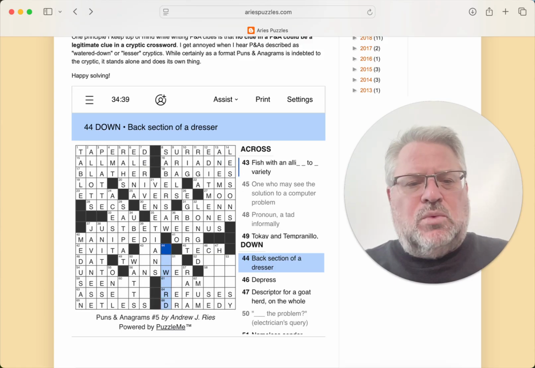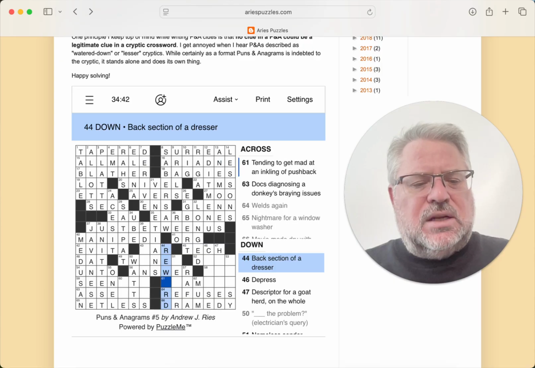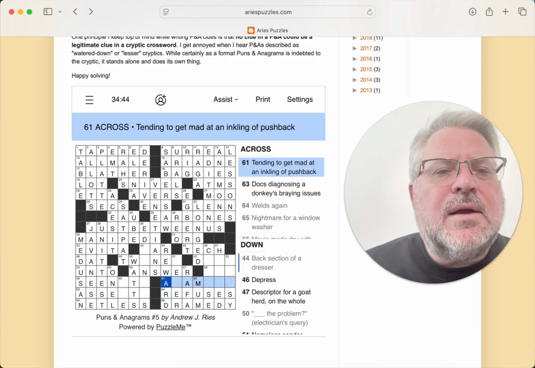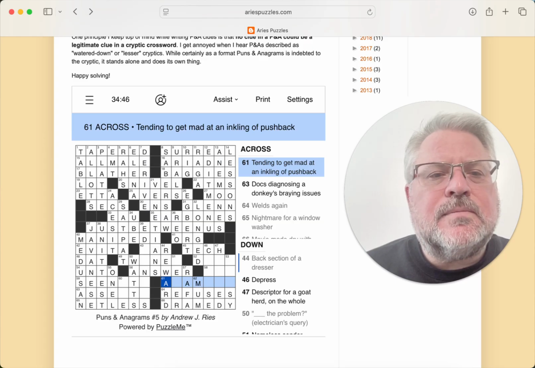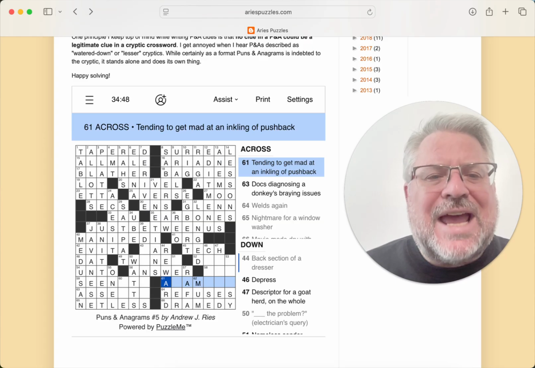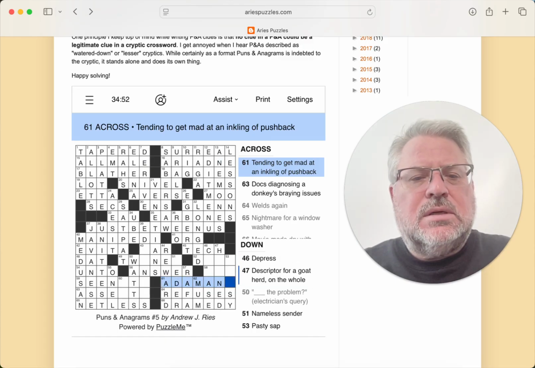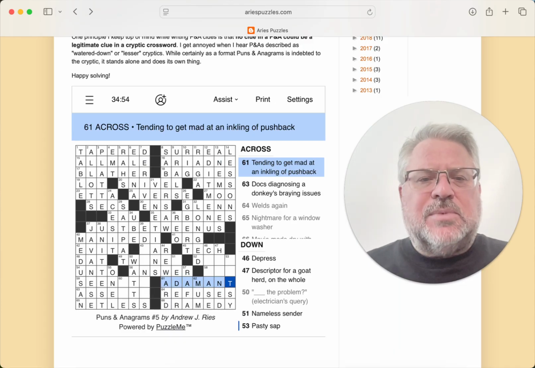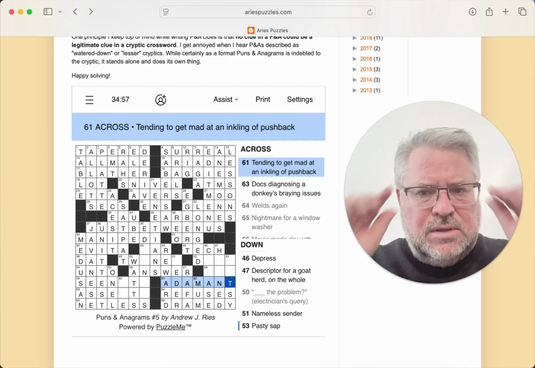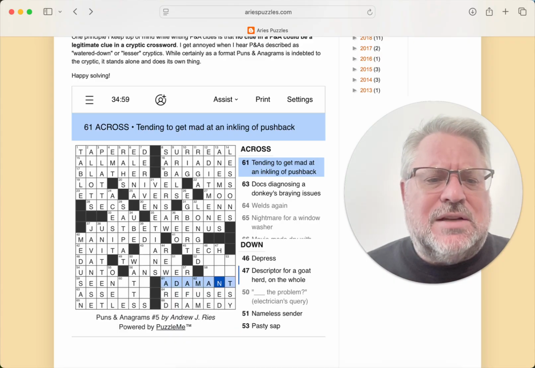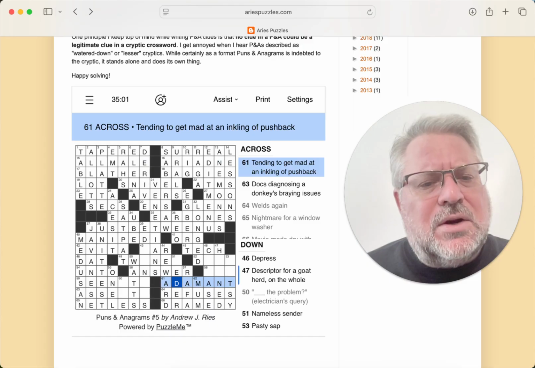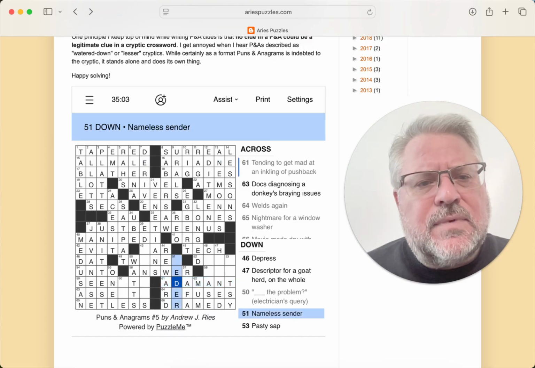We back it, we spell it backwards, and we get reward. Tending to get mad at an inkling is adamant. And if you are adamant about something, if somebody pushes back, you would remain adamant. You would be unconvinced by their argument.